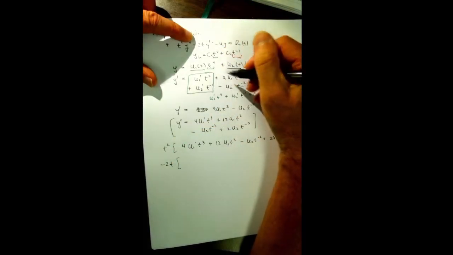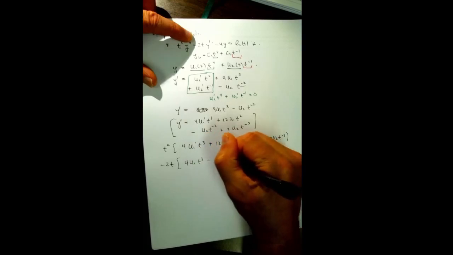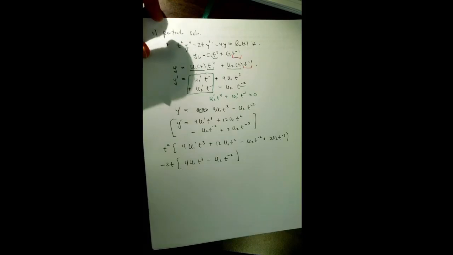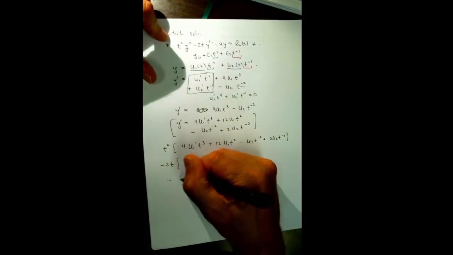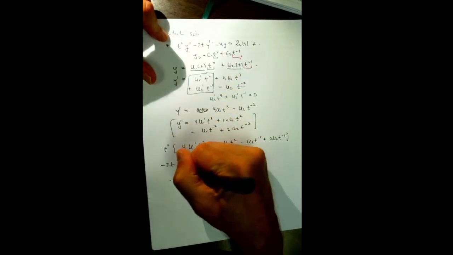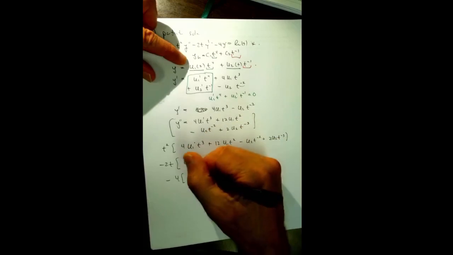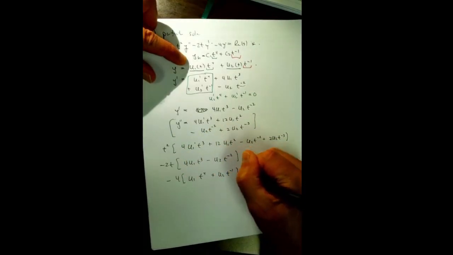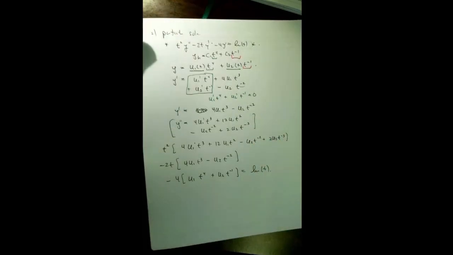I know these add up to 0, so that's going to leave 4U1 t cubed minus U2 t to the minus 2. And now I've got minus 4 times y, and that becomes U1 t to the fourth plus U2 t to the minus 1 equals log of t.